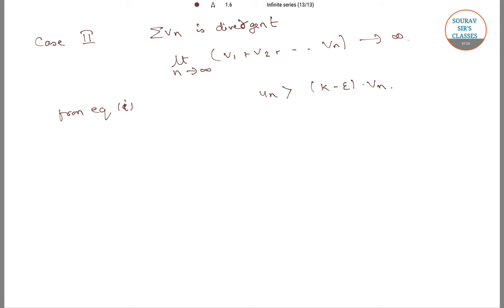So this implies u1 plus u2 plus so on till un is greater than k minus epsilon into v1 plus v2 plus so on till vn.